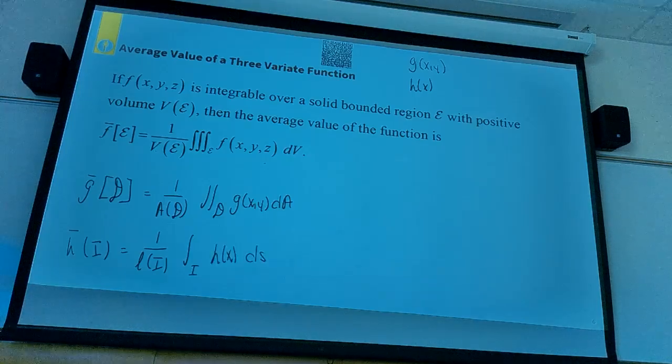And just to relate it to your other 2 average values, just notice how they're all related. They just go up a dimension each time. Which means you should easily be able to see what the average value of a 4-variate function would be.